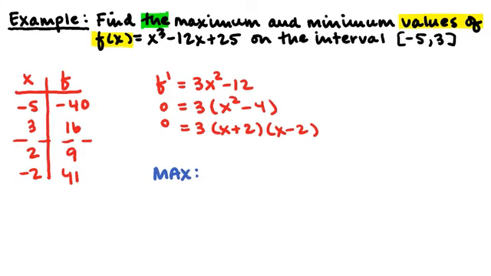Maximum value is 41, which happens to be at x equals -2. And if you ask about the minimum, you see that the minimum happens at an endpoint. So that's -40, which happens at x equals -5. And that is really how we are executing the candidates test, in kind of an extreme case, at least with the arithmetic.